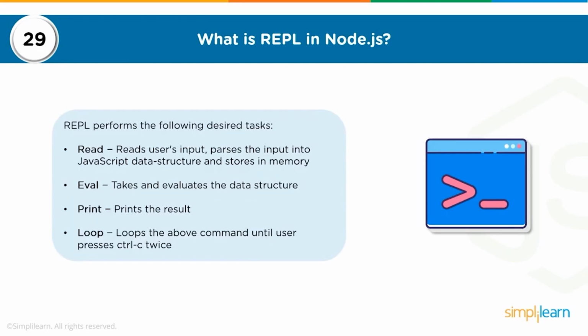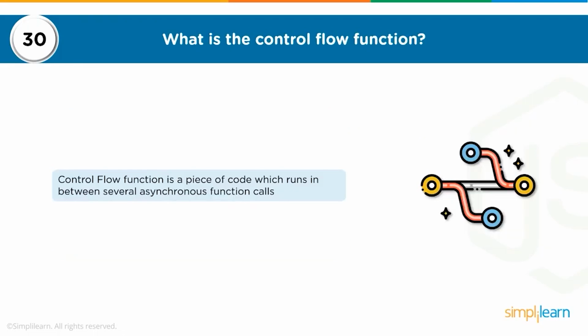REPL will perform the following tasks. The read will be parsing the JavaScript. You'll read that and store it in memory. Eval takes and evaluates the data structure. Print will then print the results, often on a console window or onto a web page. And then loop loops the above command until the user presses Control-C twice.